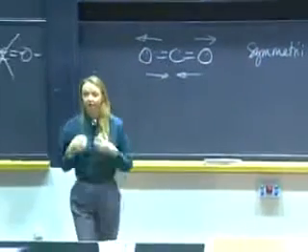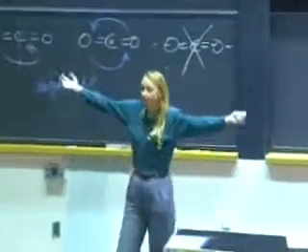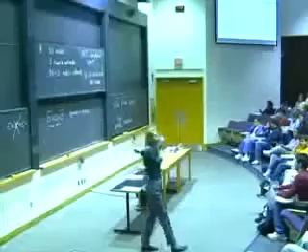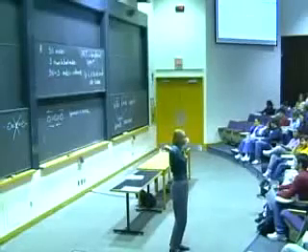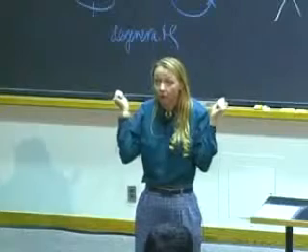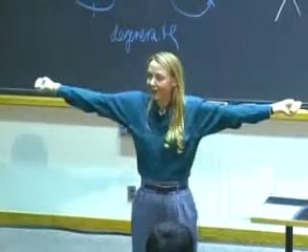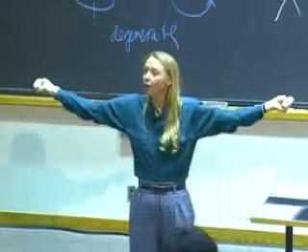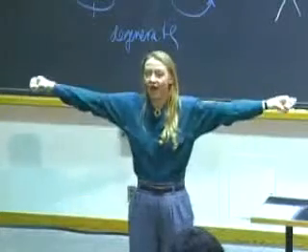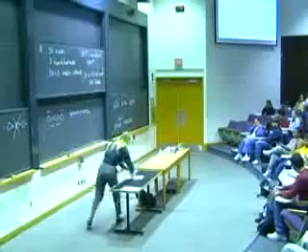So if my body is the carbon and my arms are the oxygen, a symmetric stretch is the oxygens both moving in or both moving out. That is one vibrational mode, this symmetric stretch. Okay? That's one vibrational mode.